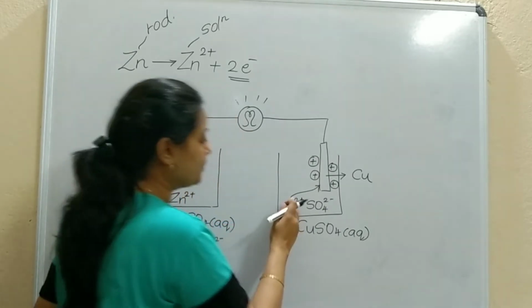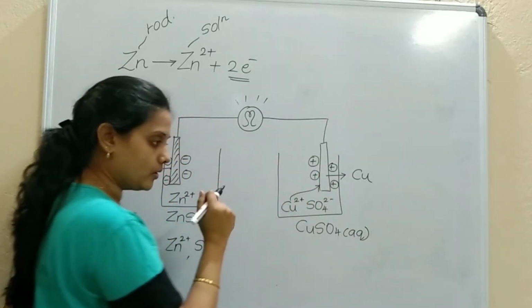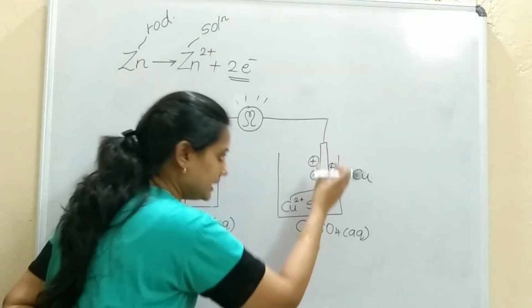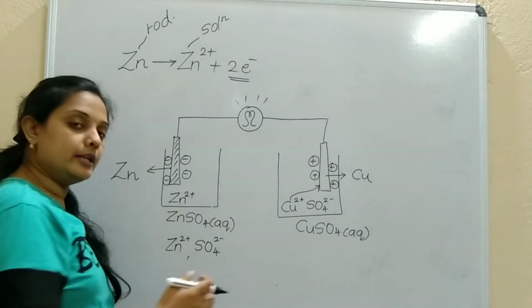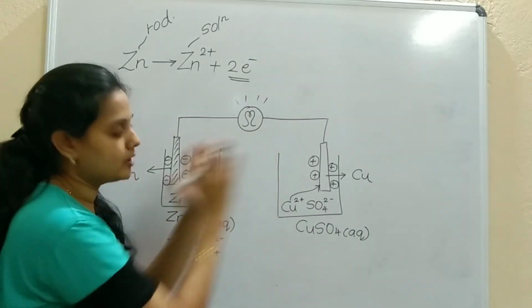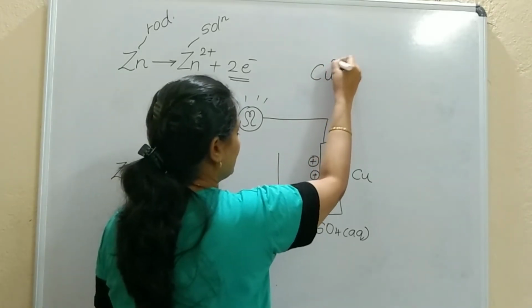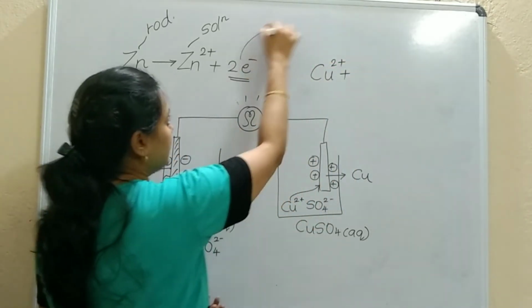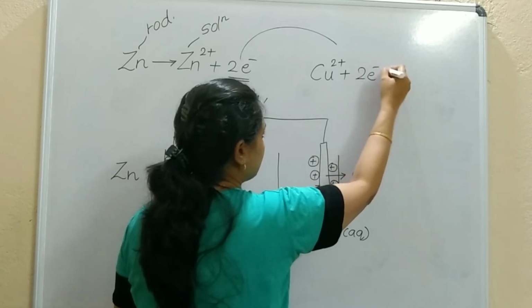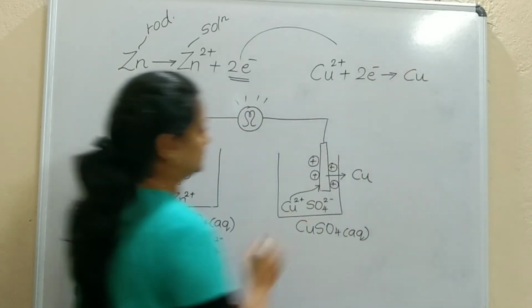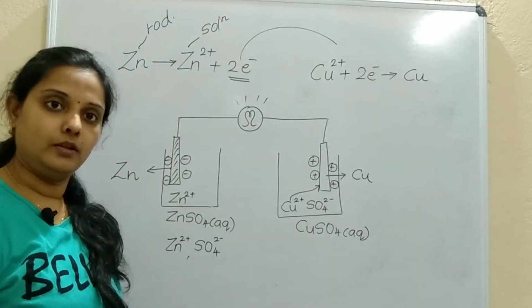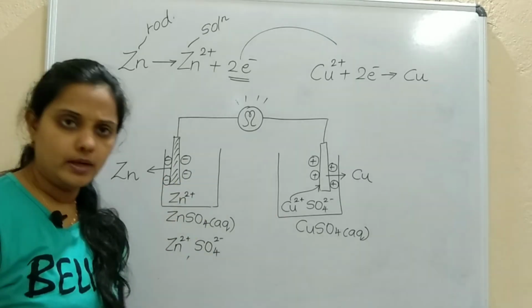So this Cu2+ will move towards the electrode. It will accept the electrons and get reduced to Cu and will deposit on the electrode. So what will be the equation here? Cu2+ accepting those 2 electrons and getting reduced to Cu. Got it?